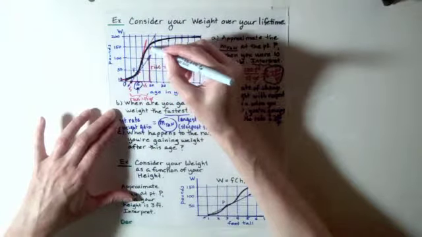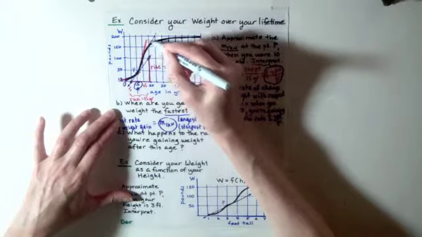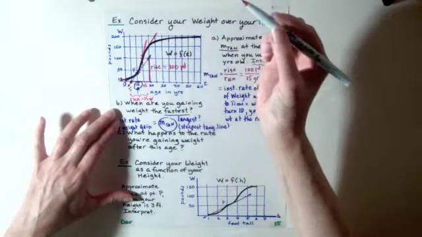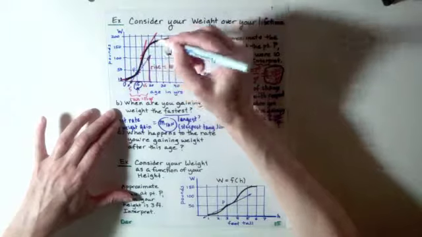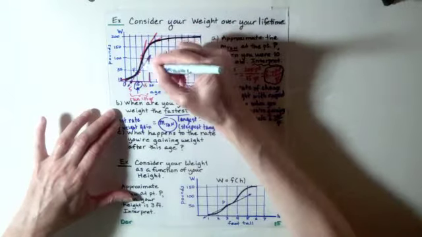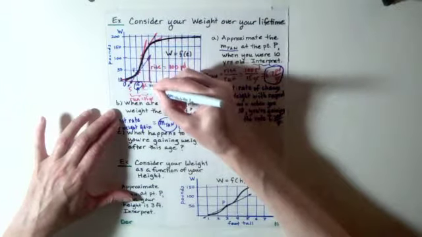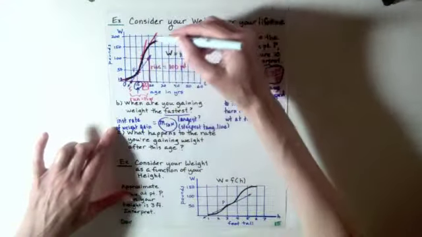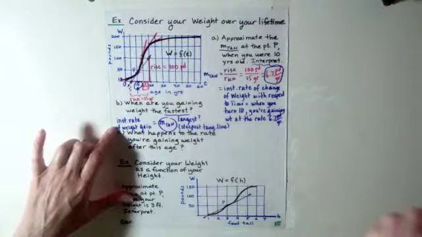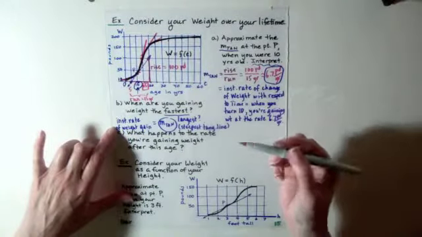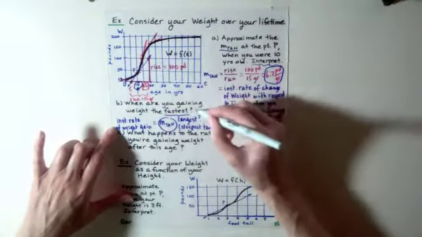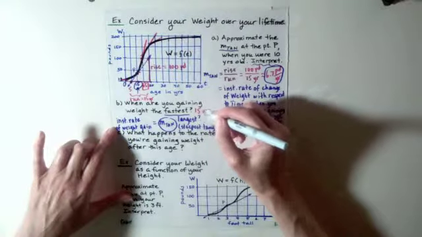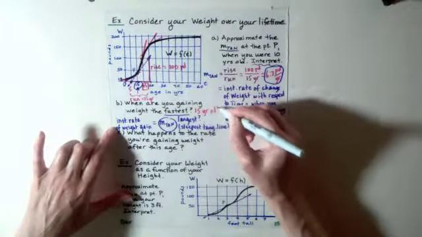Beyond age 15, it looks to me as if the tangent line slopes start to flatten out a little bit. So to me, it looks as if the very steepest tangent line would occur right at age 15. And so, at least as accurately as we can get from a rough graph like this, I would say that when are you gaining the weight the fastest? It's the moment that you turn 15 years old.